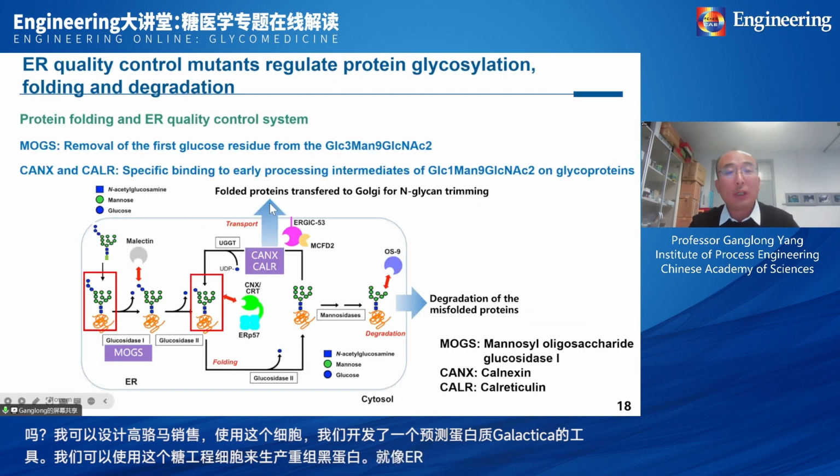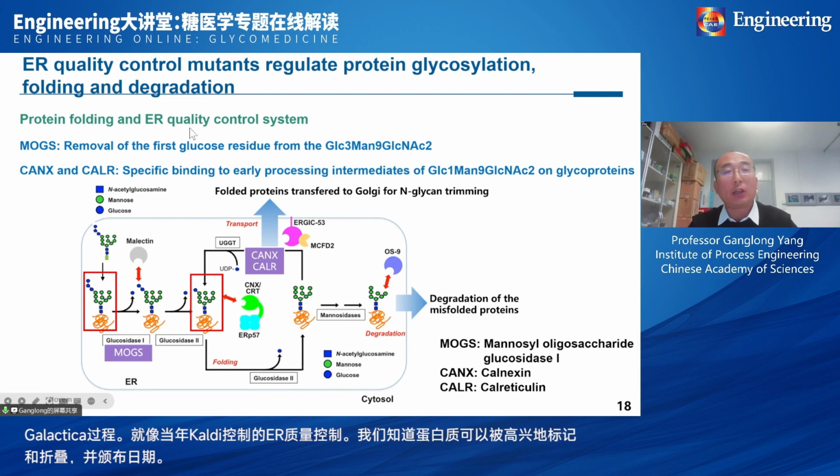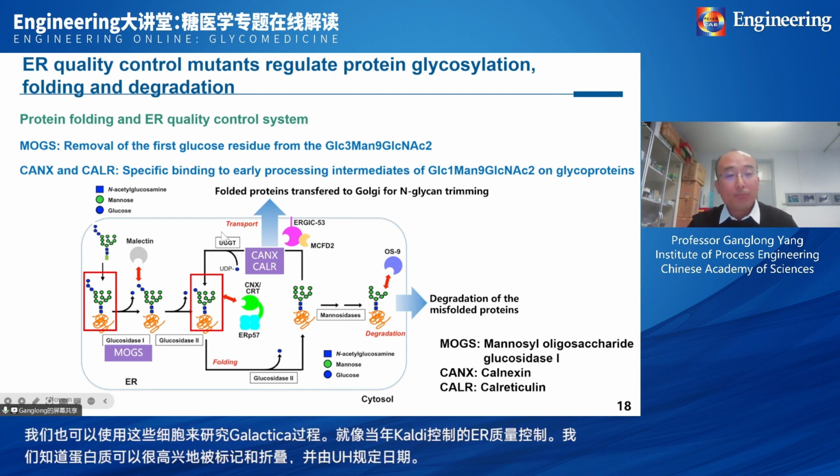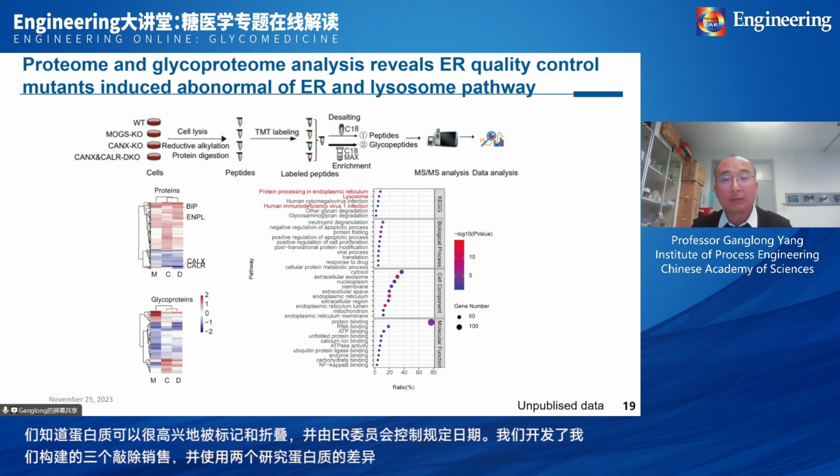ER quality control. For the ER quality control, we know that proteins can be glycosylated and folded, and this is regulated by the ER quality control. So we constructed three knockout cells, and used them to investigate the difference in protein and glycoprotein expression.